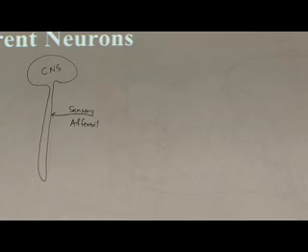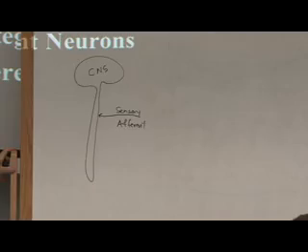Within the CNS, the brain or spinal cord, we have neurons that receive the impulses and make determinations about the impulses. That's the integrative function that the central nervous system plays. It takes this sensory input and makes decisions regarding our response to try to maintain homeostasis. The neurons involved in that are called interneurons or association neurons.